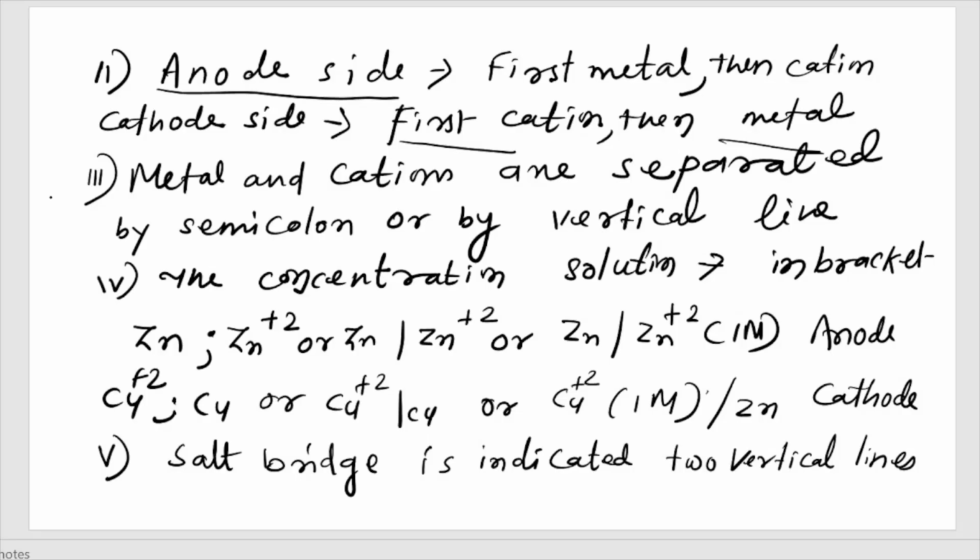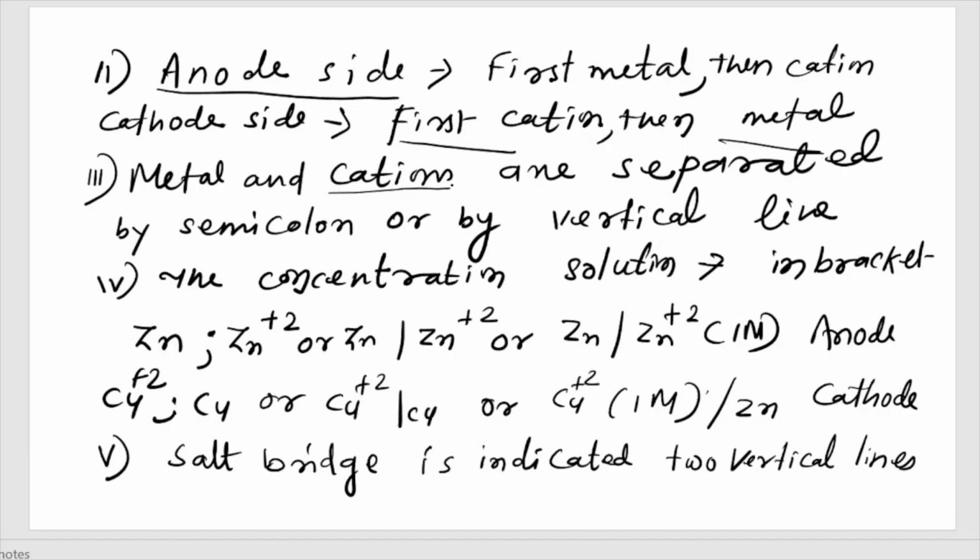Because there are two parts, one is metal, the other is cation, they are separated by a semicolon or by a vertical line. You can use a semicolon or a vertical line. The concentration of the solution should be in brackets.